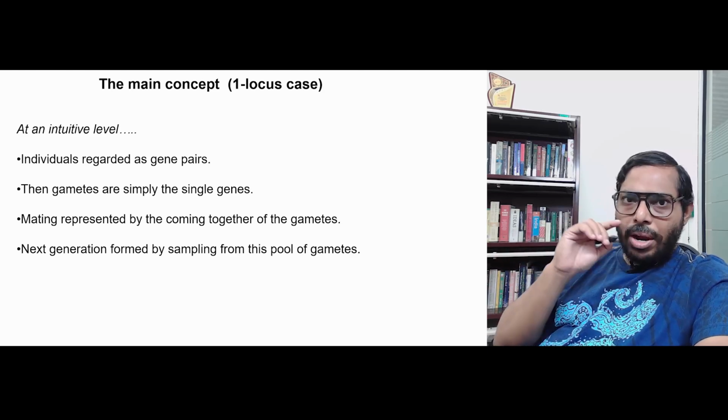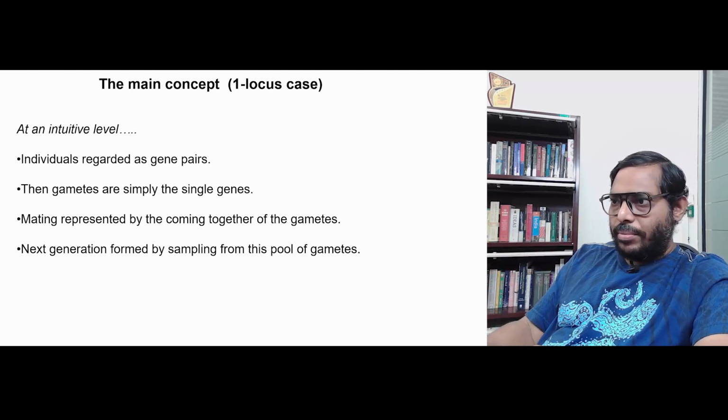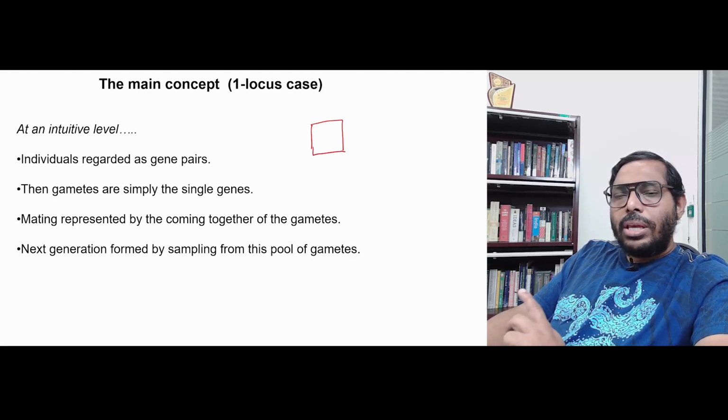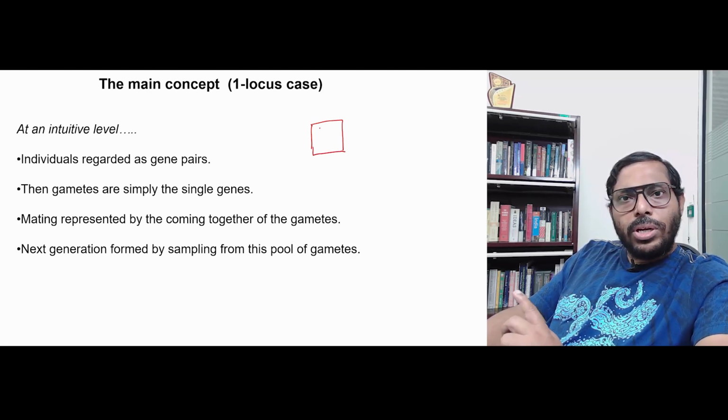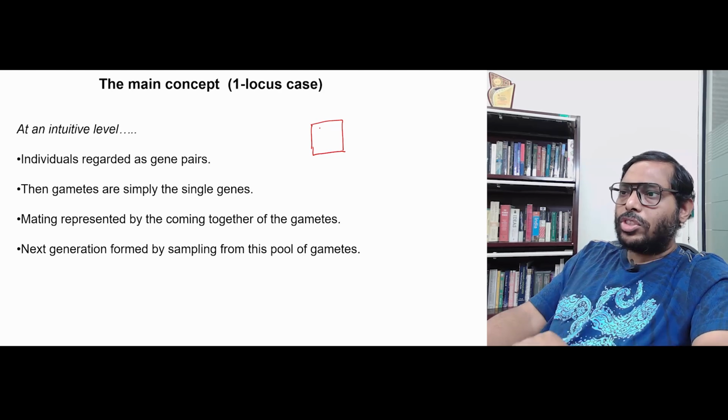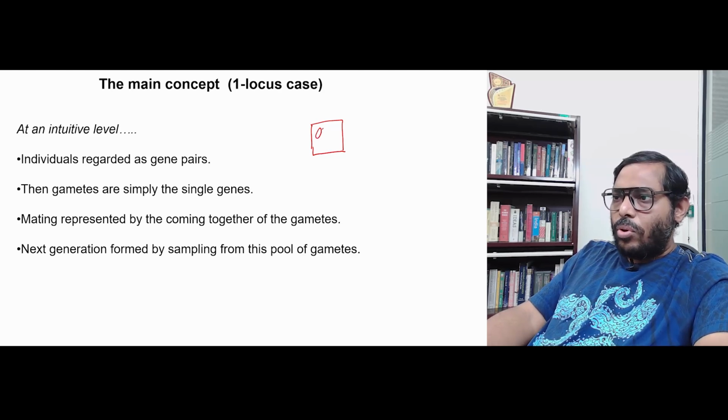Now, if you have a diploid sexually reproducing organism, then in that population, if you are thinking of each individual and concentrating only on that locus, you know that for each locus you will have two homologous copies of the gene, right. So, you think of each individual as some kind of a pair like this.